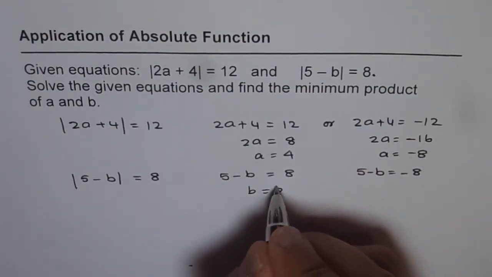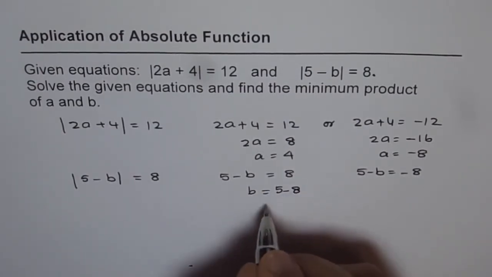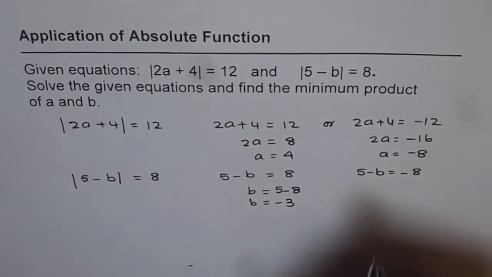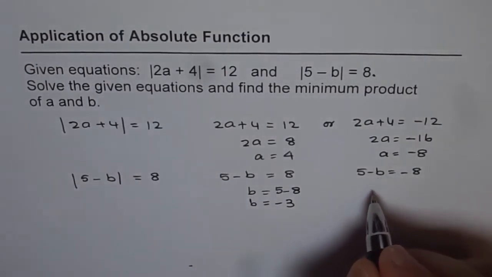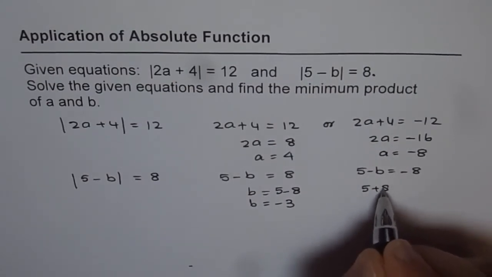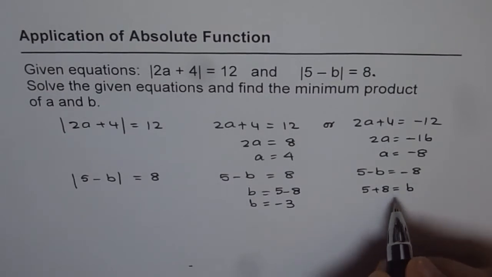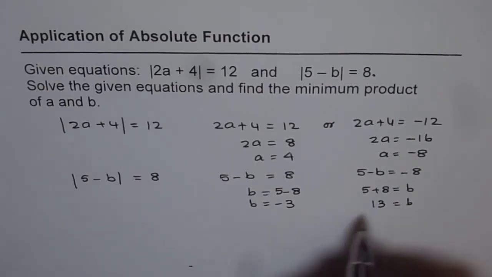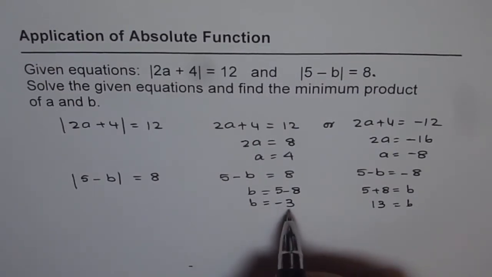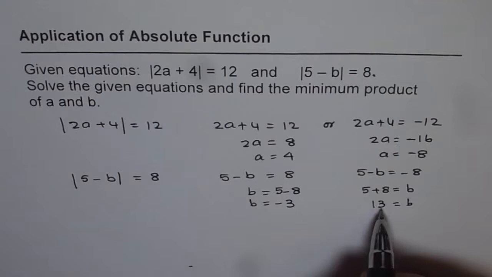So we get 5 minus 8, or b equals minus 3. Now in this case, 5 plus 8 equals b, or b equals 13. So we get possible values of b as minus 3 or plus 13.